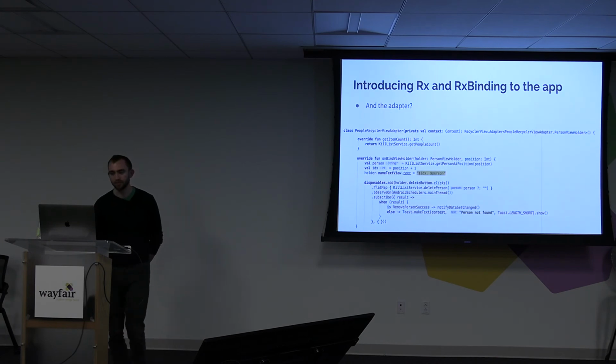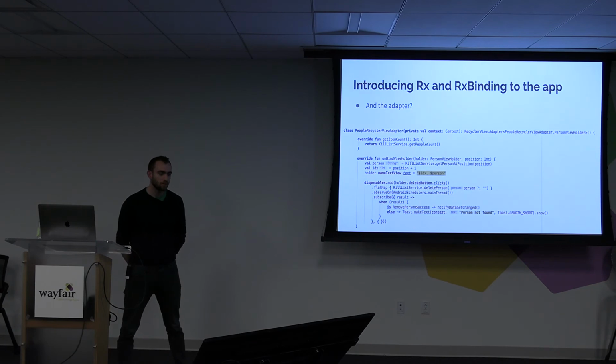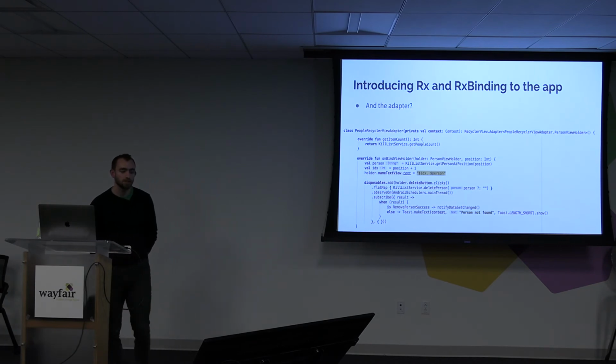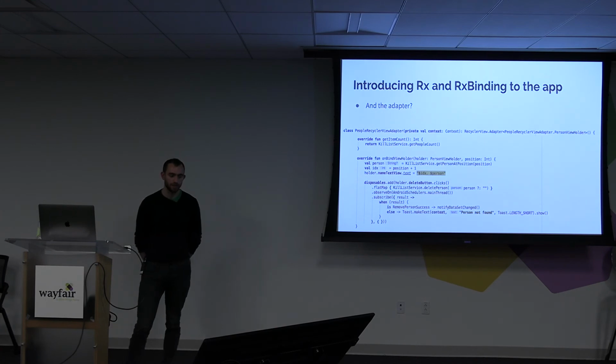What about the adapter? The adapter is only going to take in context now. The context is, again, just for error reporting, but our get item count is now querying our service to get the amount of people. Bind view holder, on the other hand, is also querying the service to get the person and then updating.